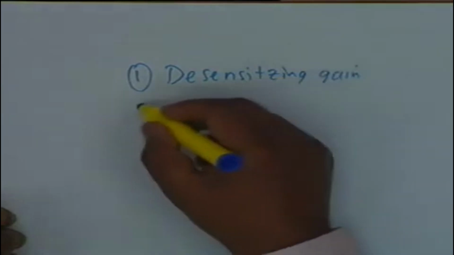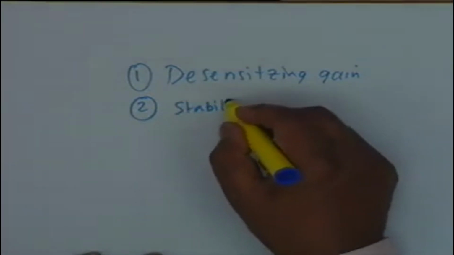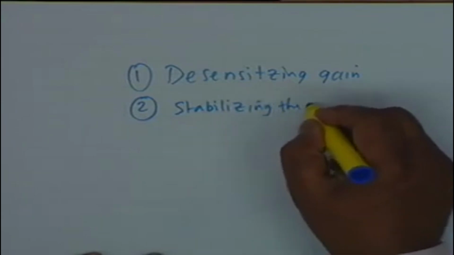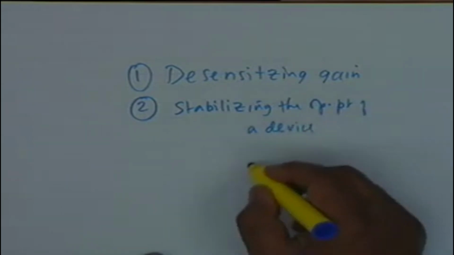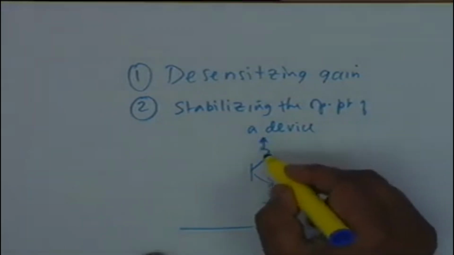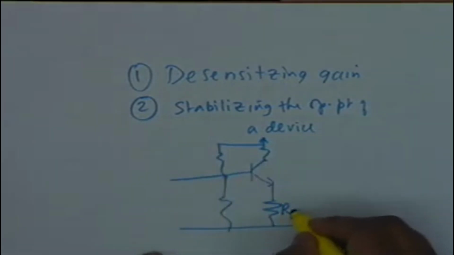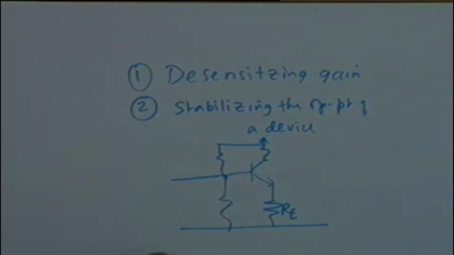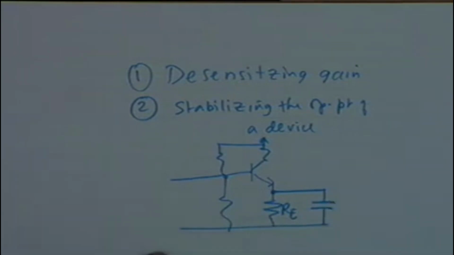then we have already studied stabilizing the operating point of a device. You recall that in the BJT biasing, this resistance RE, well, there are other resistances, this resistance RE for AC it is to be shorted, virtually shorted.